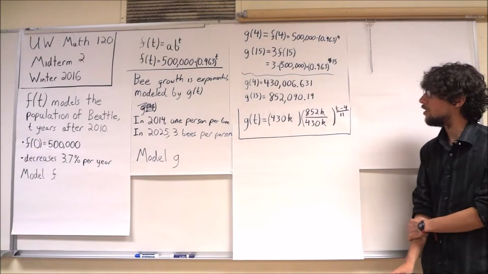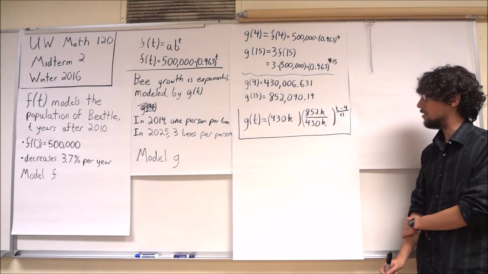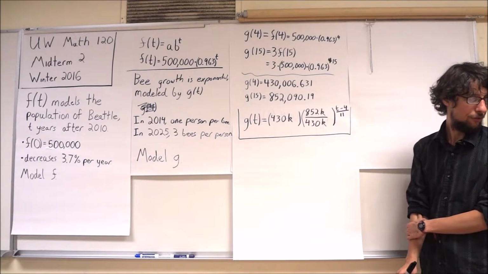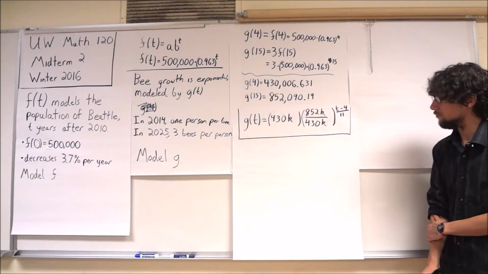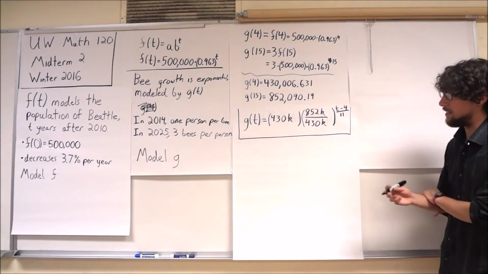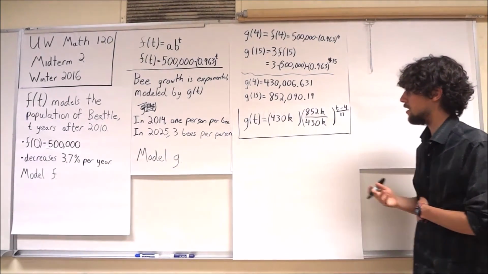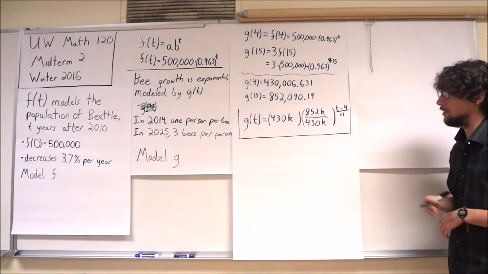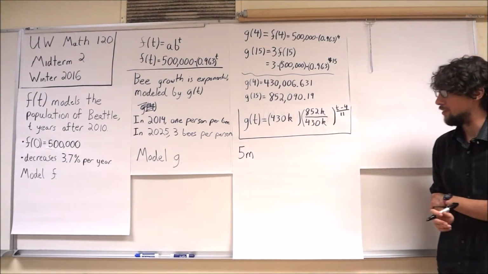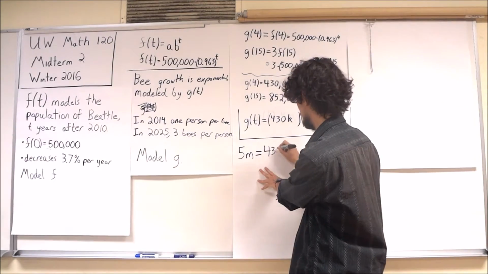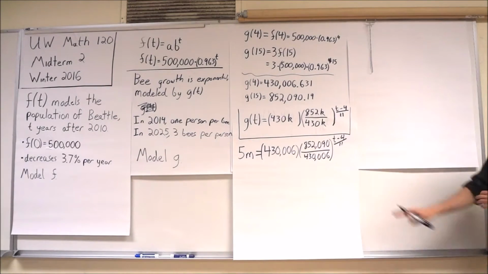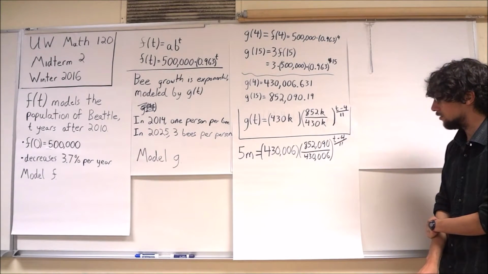The very last part of this problem asks us to find when the population of bees will be 5 million. So in particular, we can simply set the left-hand side of this to be equal to 5 million. I'm using K's and M's to abbreviate thousands and millions. I need to solve for t here.